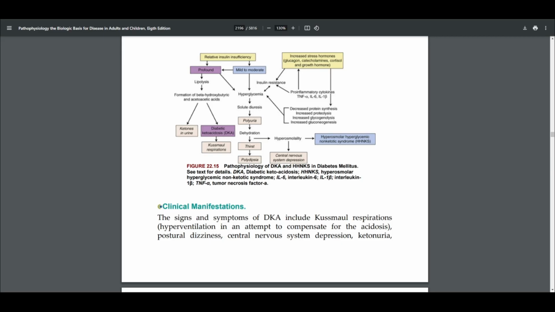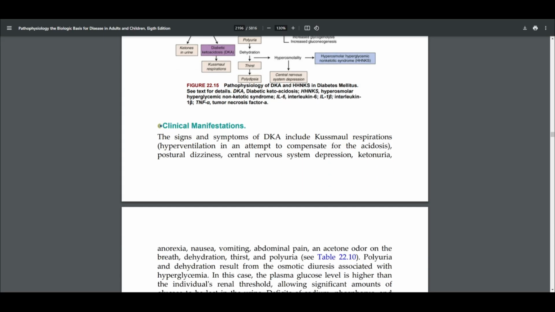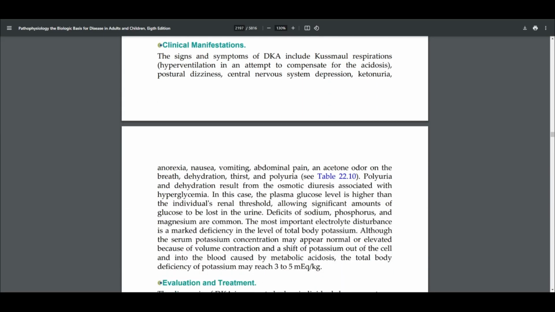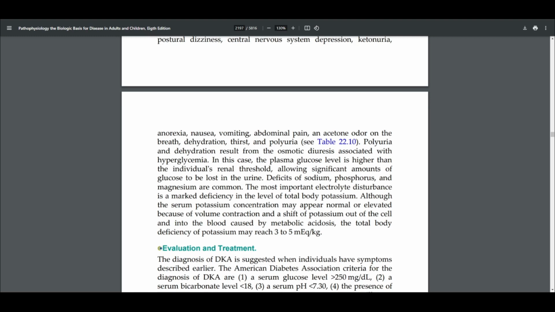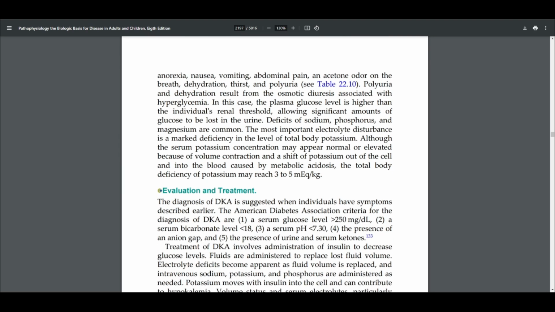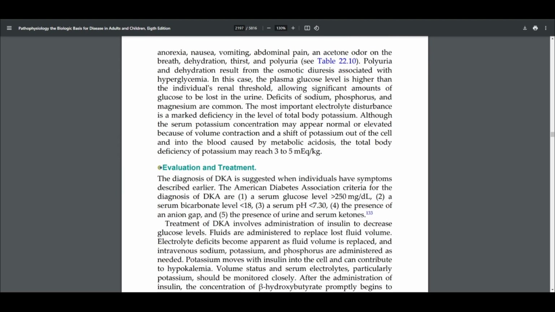Clinical manifestations. The signs and symptoms of DKA include Kussmaul respirations, that hyperventilation in an attempt to compensate for the acidosis, postural dizziness, central nervous system depression, ketonuria, anorexia, nausea, vomiting, abdominal pain, an acetone odor on the breath, dehydration, thirst, and polyuria.